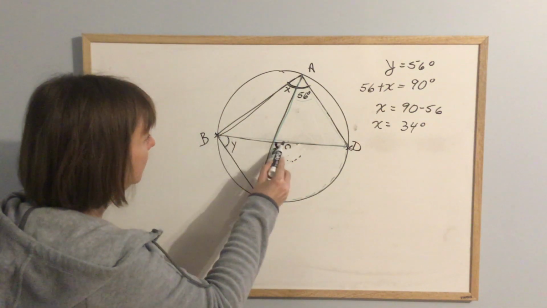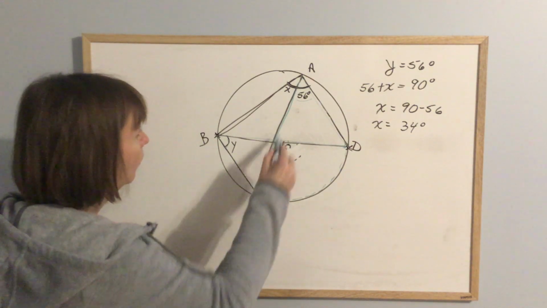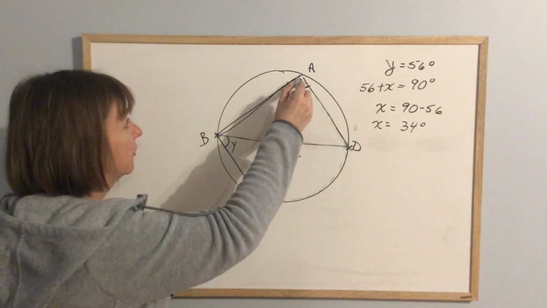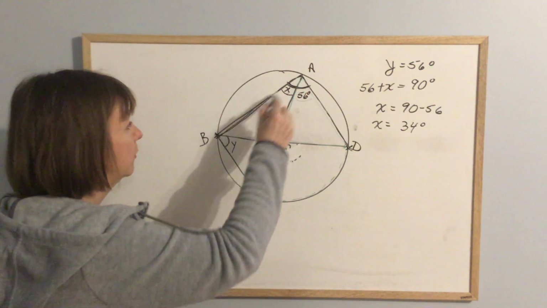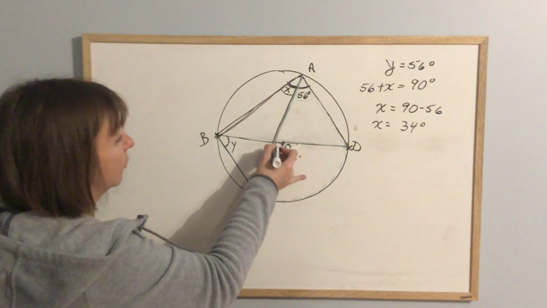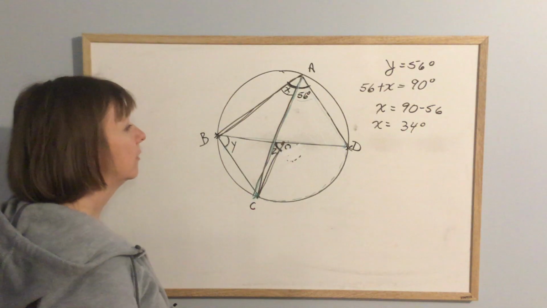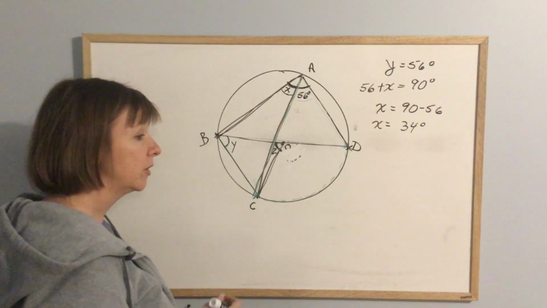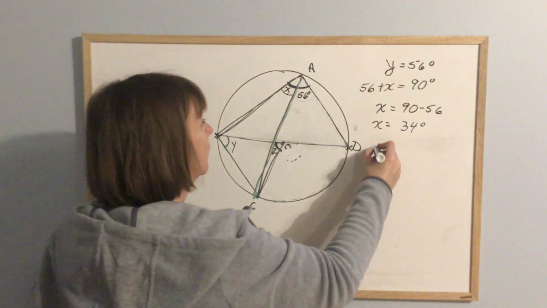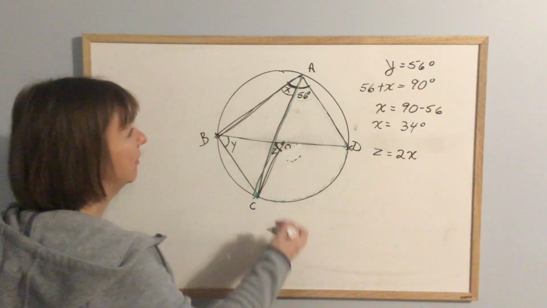So this comes out to B and C. Well, this X that I just figured out, it comes out to B and C as well. So this is a central angle. This is an inscribed angle. The central angle is always 2 times bigger. So Z has to be 2 times whatever my X is.